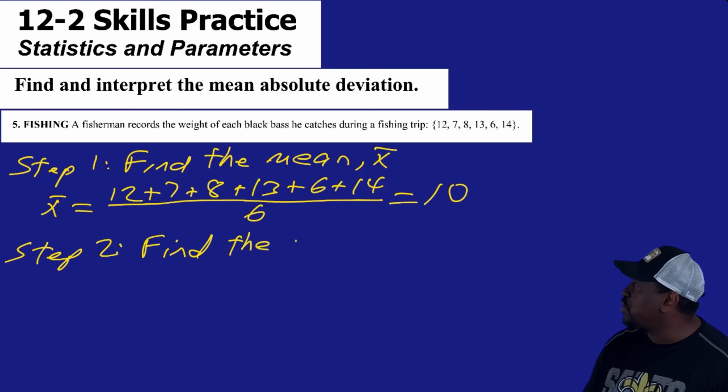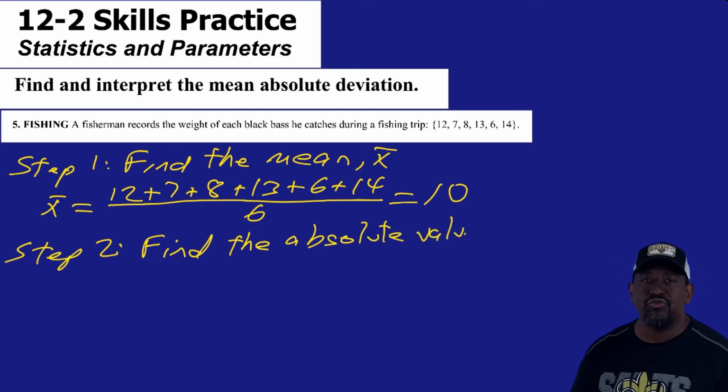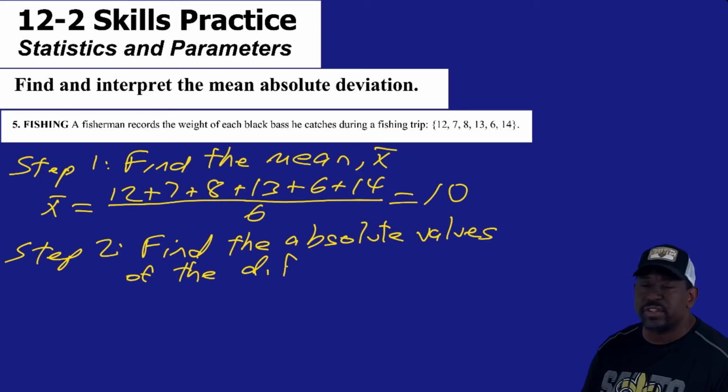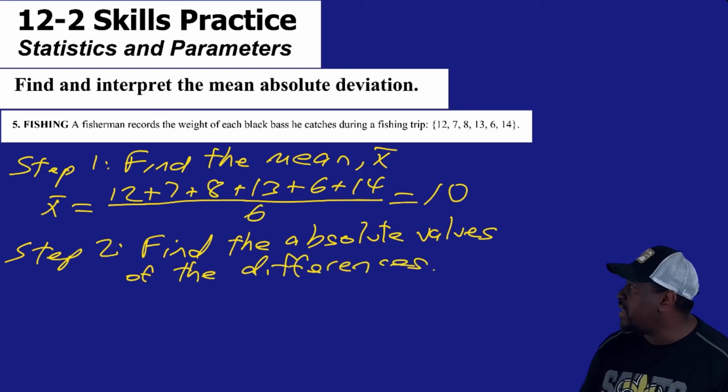After you do the mean, the next step is you must find the absolute values of the differences between each sample and the mean. So that's what we're going to do.